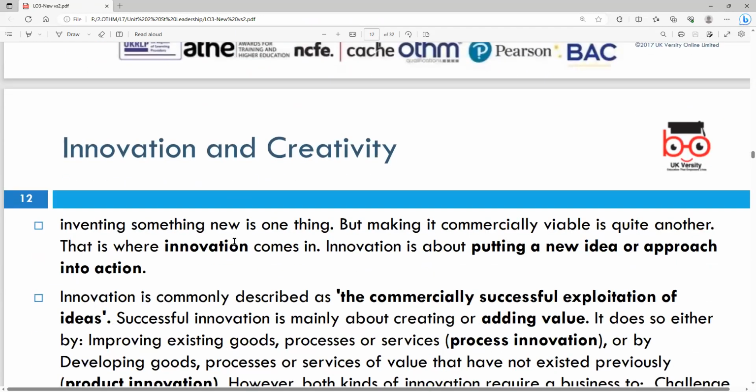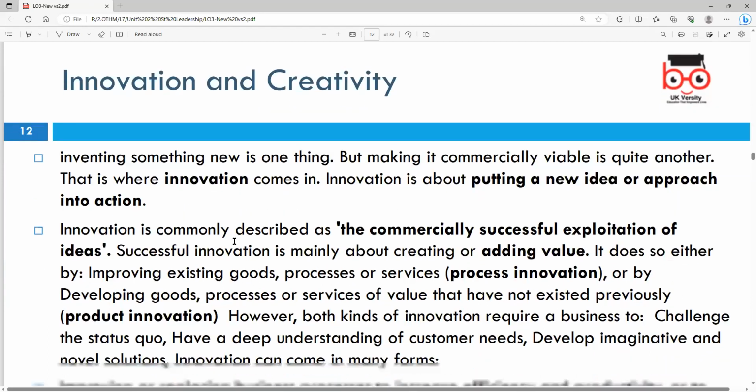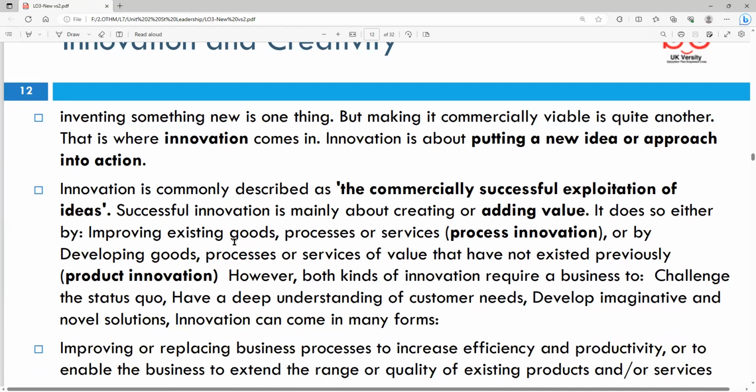The other thing is innovation and creativity: to what extent an organization is being creative or innovative. Innovation looks at putting ideas or approaches into action. It is commonly described as the commercially successful exploitation of ideas.